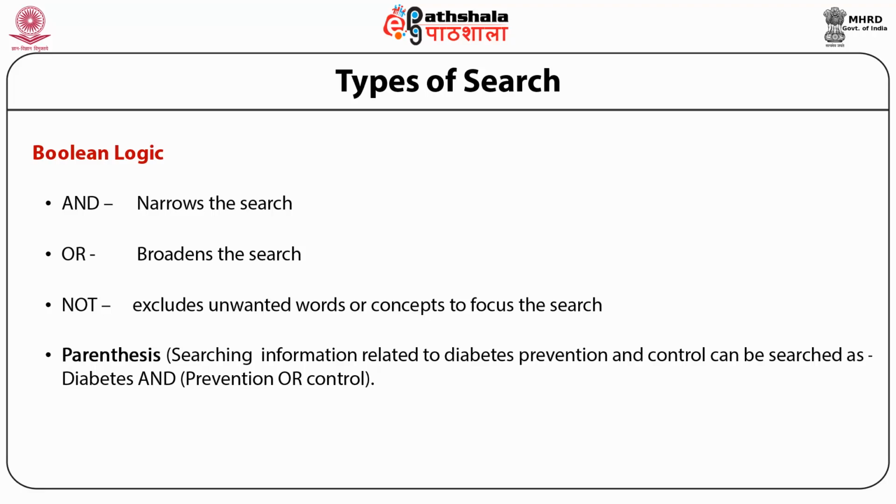The keywords in the bracket will be searched first and then matched with the results of the keyword outside the bracket. In the absence of brackets, all the keywords will be searched together from left to right. The use of brackets controls how the search is executed. Results returned through the use of parentheses are more relevant. Parenthesis uses more than one Boolean operator and is used to perform complex searches.